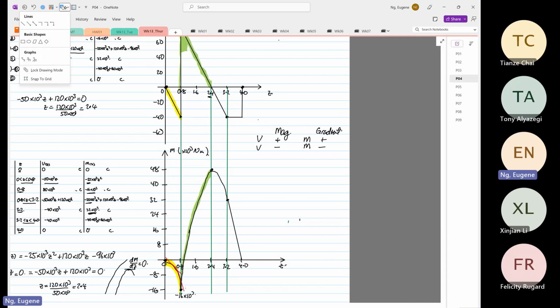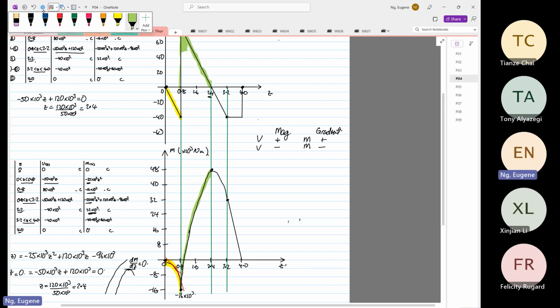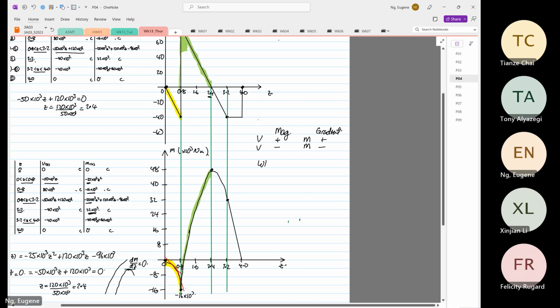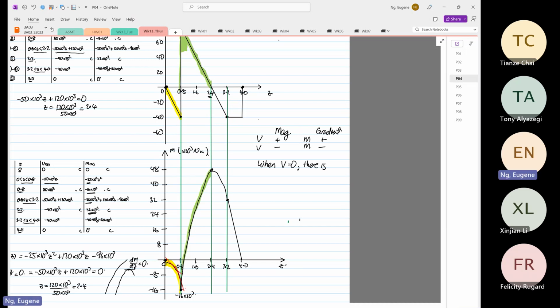Then another relationship that you can see: when the shear force is equal to 0, when V is equal to 0, there is a possibility that the bending moment is maximum or minimum.